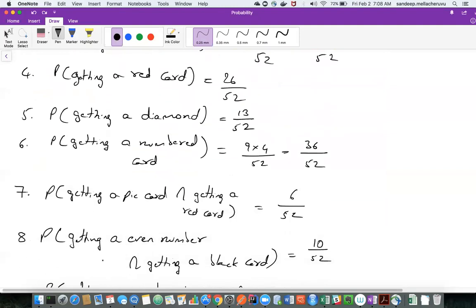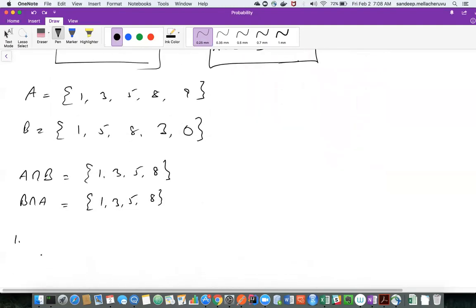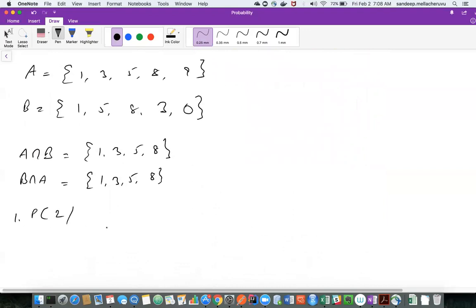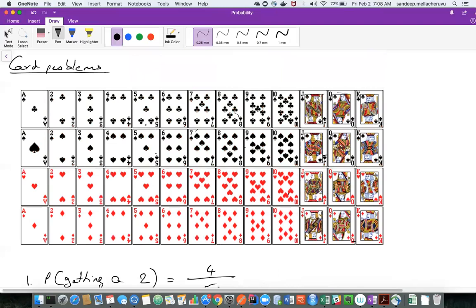Let's say my question is changed to probability of getting 2 given the card is numbered. The card is already a numbered card, which means it has some number on it. You already know that whatever card you are picking is a numbered card.